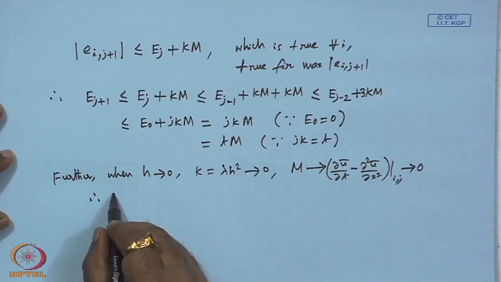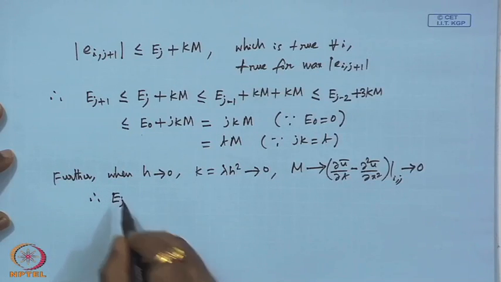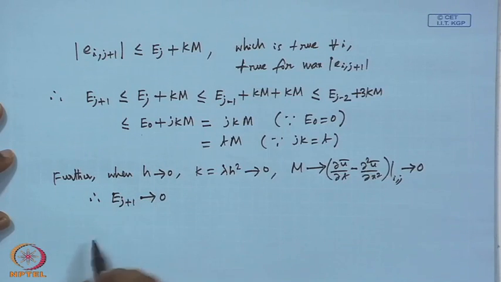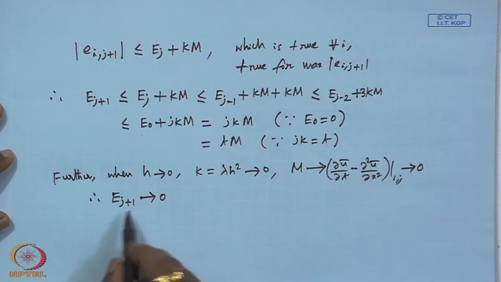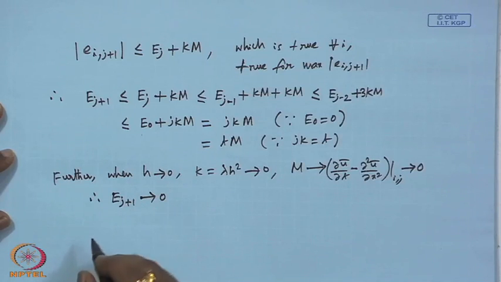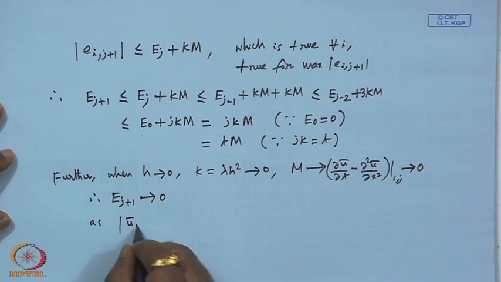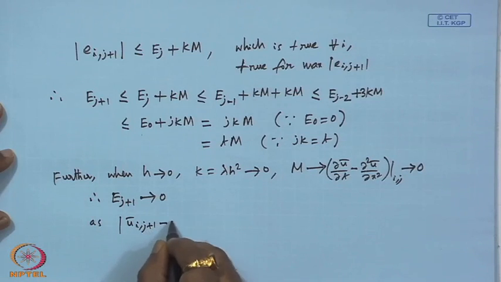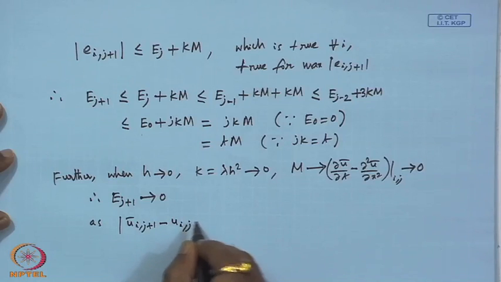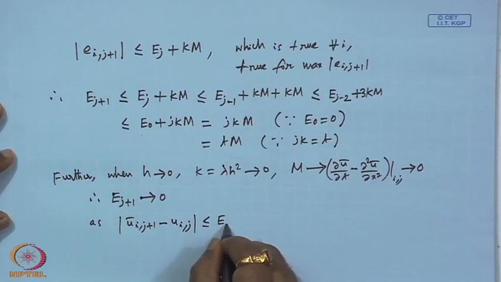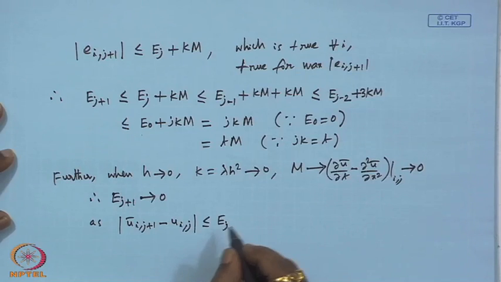Therefore, E^{j+1} goes to 0, that means any E^j goes to 0.